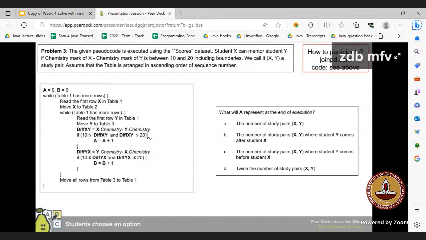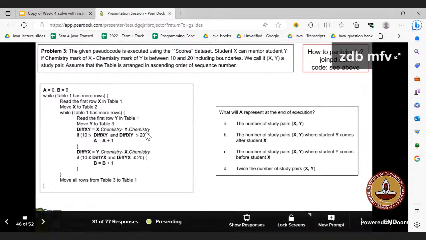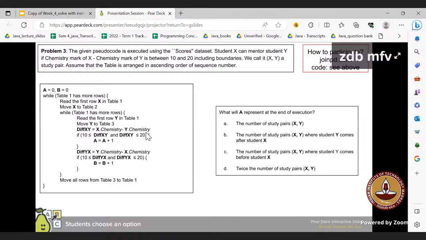So you have to be more specific about when the student is coming, because it is mentioned to assume that the table is arranged in the ascending order of sequence numbers. That's why student Y is coming after student X. If student Y comes before student X, then what happens?